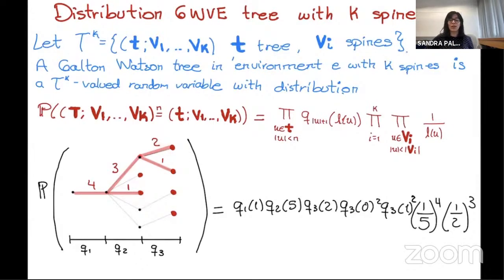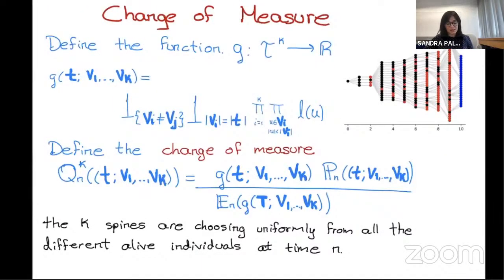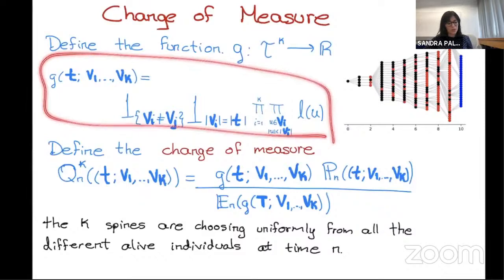So in order to do that, what I'm going to perform is a change of measure. So I need a function g over this state space. And my function g is the following. This one.